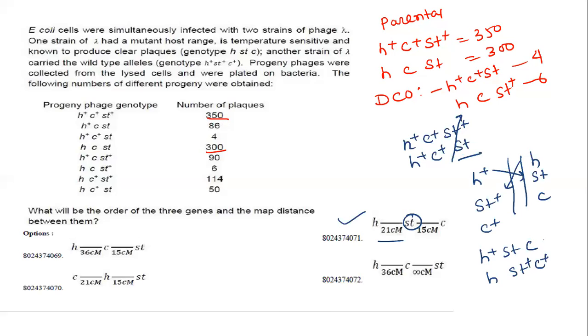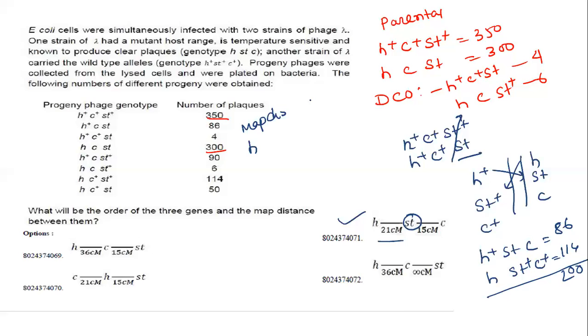These are the values you can see: H plus ST C, 86, and this one is 86, and this one H ST plus C plus is 114, right? So add them: 200, 200.